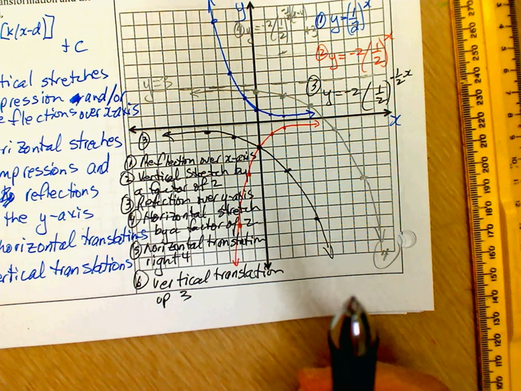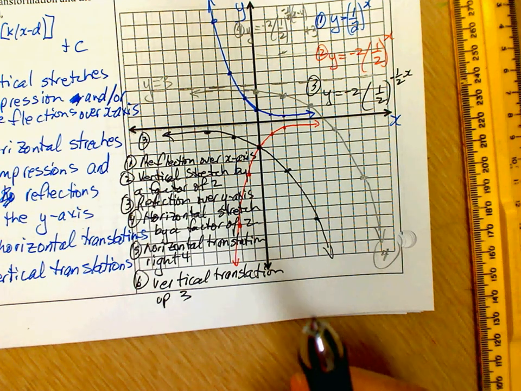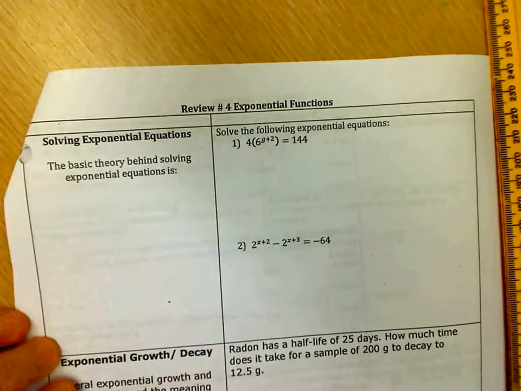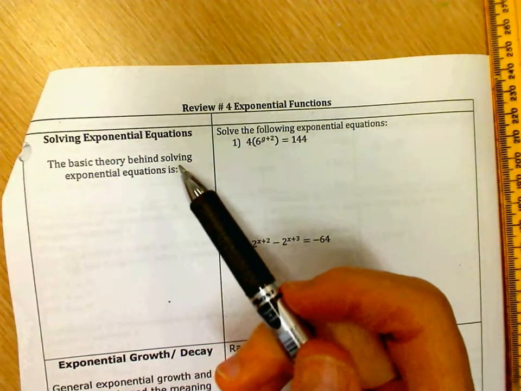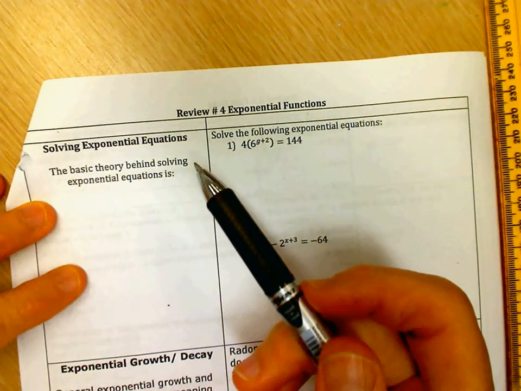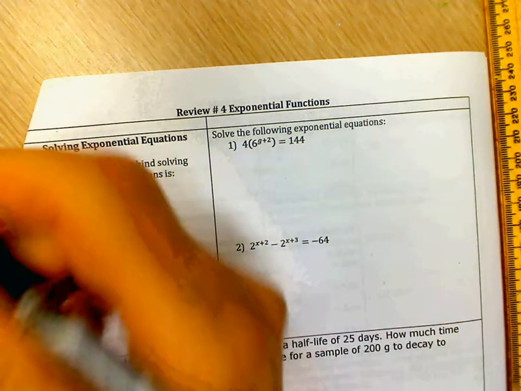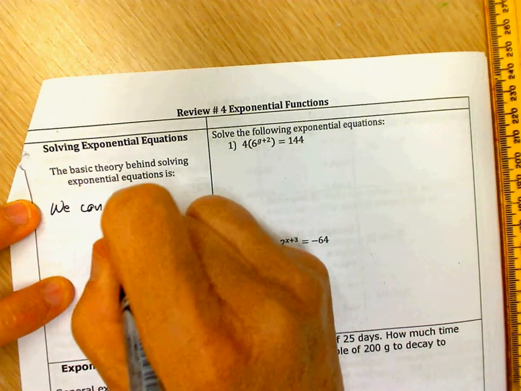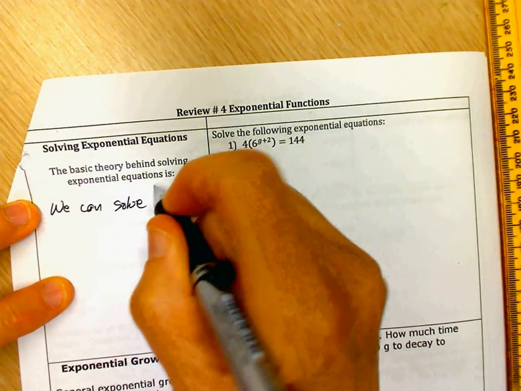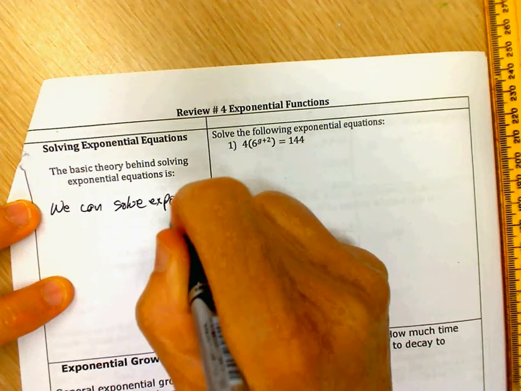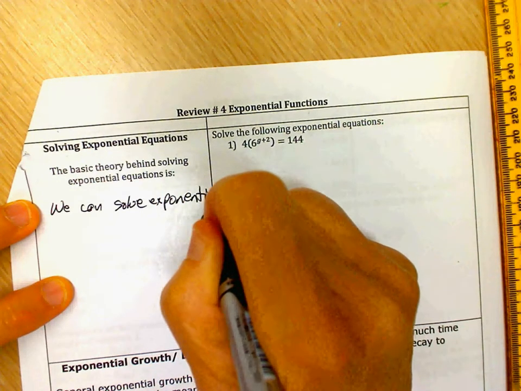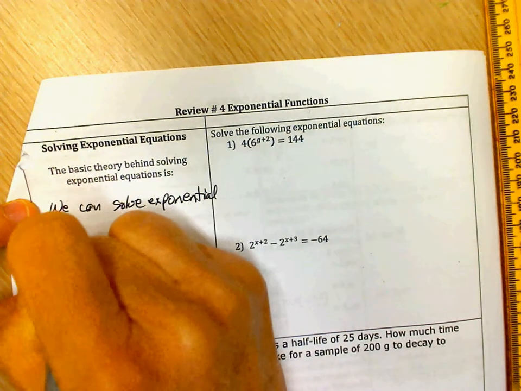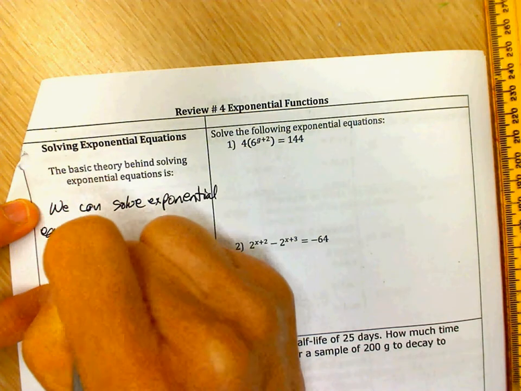All right, solving exponential equations. The basic theory behind solving exponential equations is, we can solve exponential equations when the powers of each side have the same base.